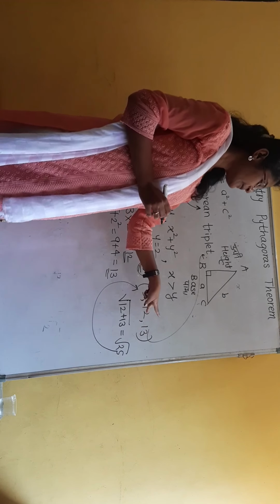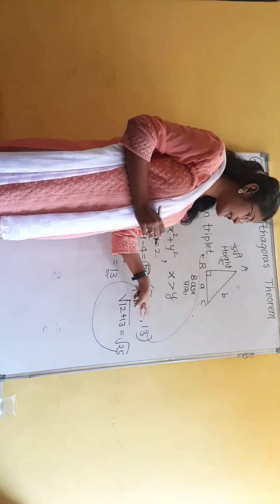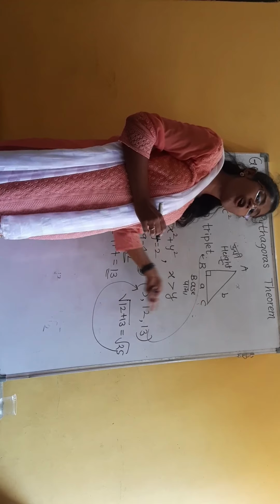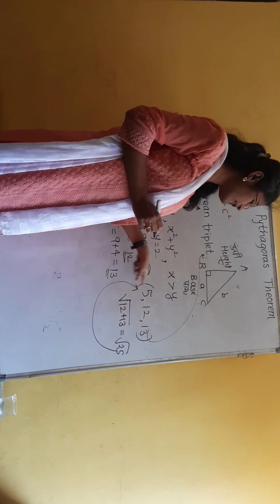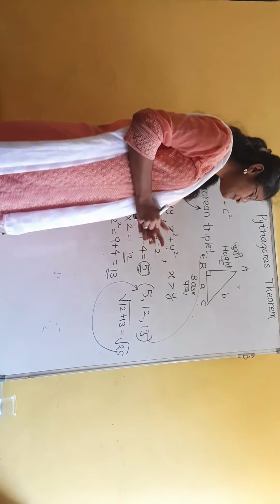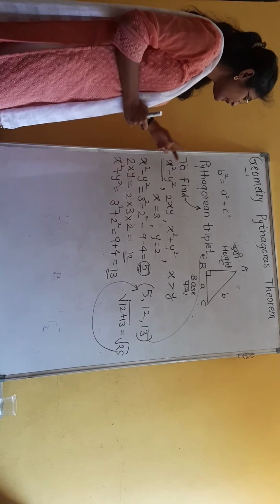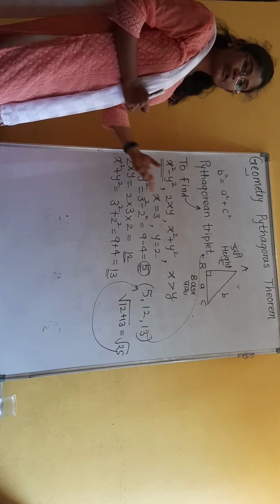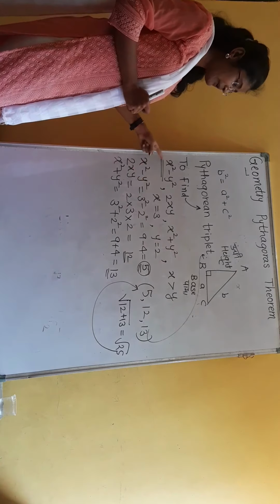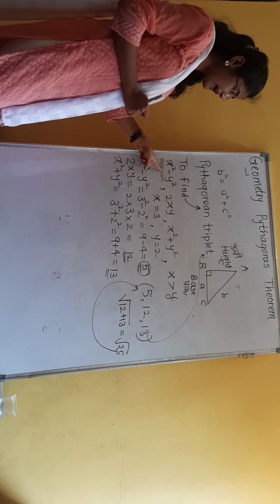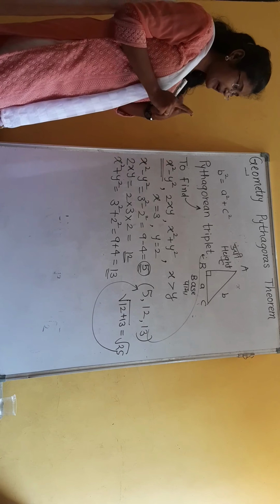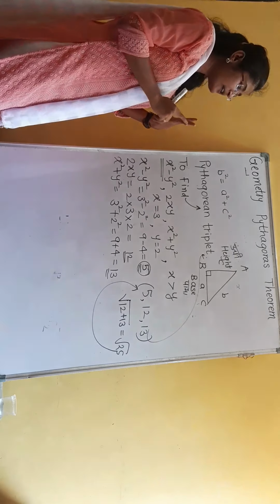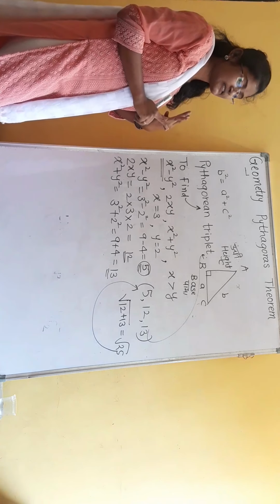So here the square root of the sum of the greater two numbers is our third number. So that is how to find the Pythagorean triplet. Remember this: x square minus y square is our first number, 2xy, and x square plus y square is our third number.